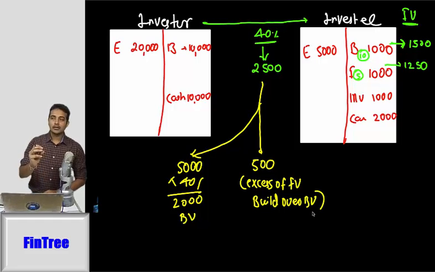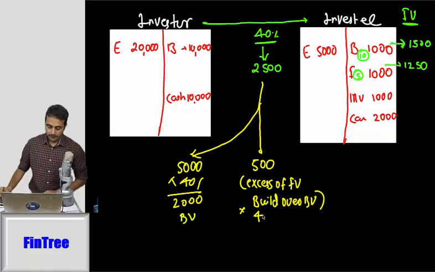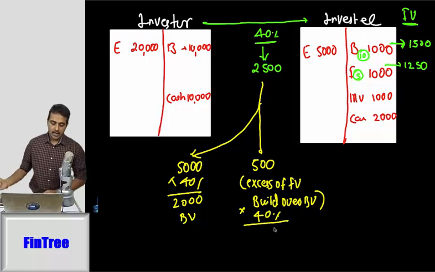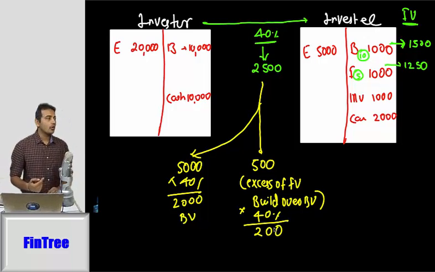Book value is 1000 and fair value is 1500, so that excess is 500. We are just buying 40% of that, so 200 we paid towards the excess of fair value over book value for the building. Are we together?